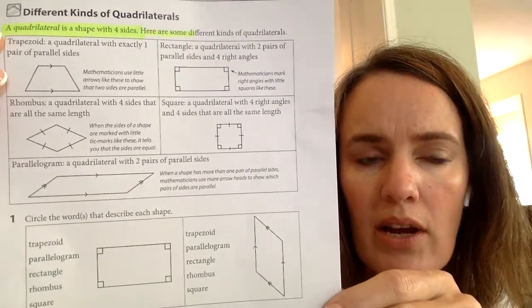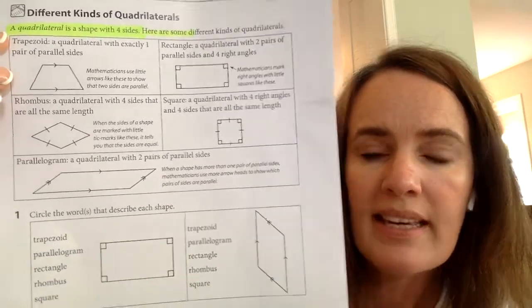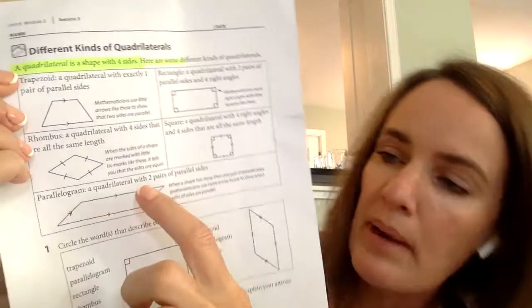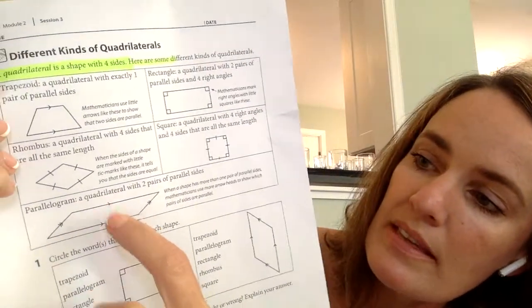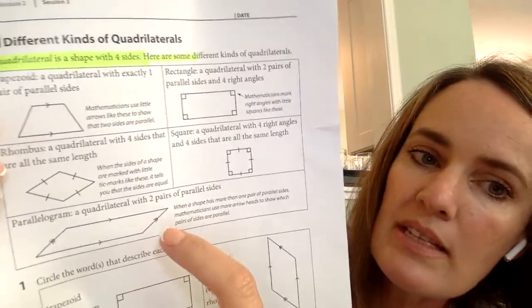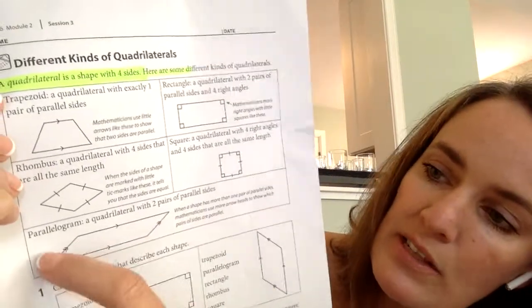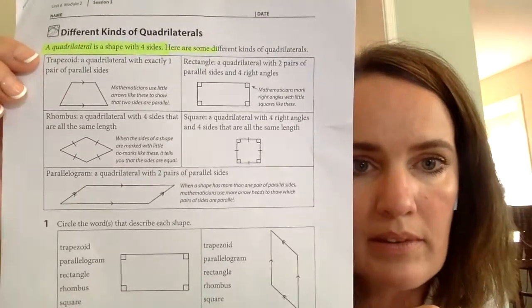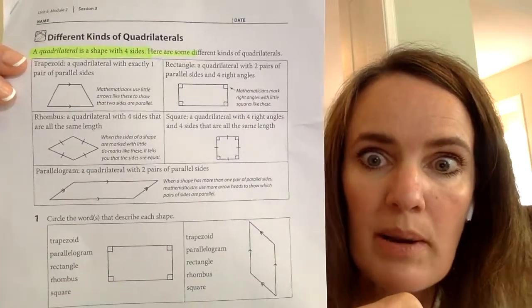Do you see those little arrows on any other shape? Yes, you do. Right here on the parallelogram, it shows us that these are parallel, and then it has 2 little arrows, and that's showing us that these sides are parallel as well. So it has 2 pairs of parallel sides.